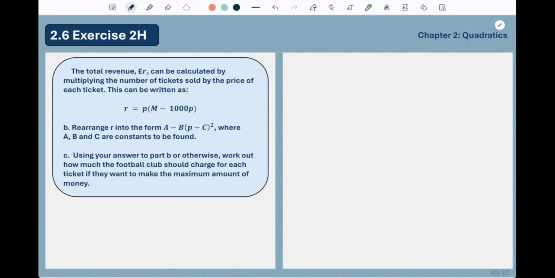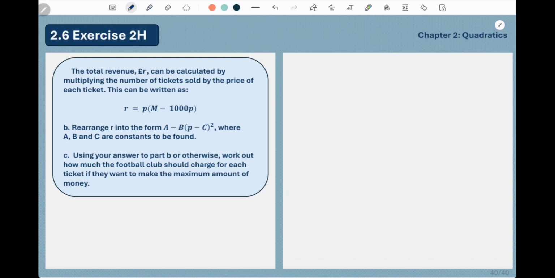So the total revenue R can be calculated by multiplying the number of tickets sold by the price of each ticket, and this can be written as R equals p times (m minus 1000p). In these problems, sometimes there's a lot of wording, but it's as simple as having two variables and using the information you have to solve it.